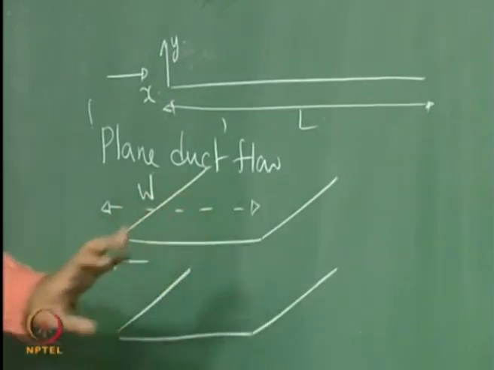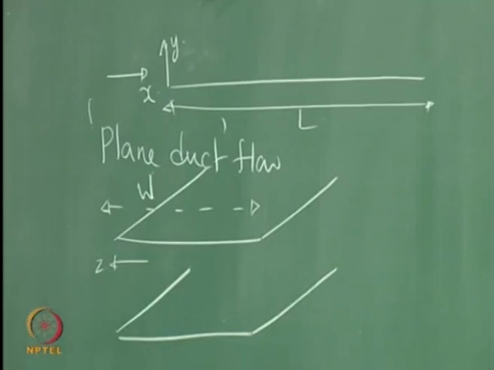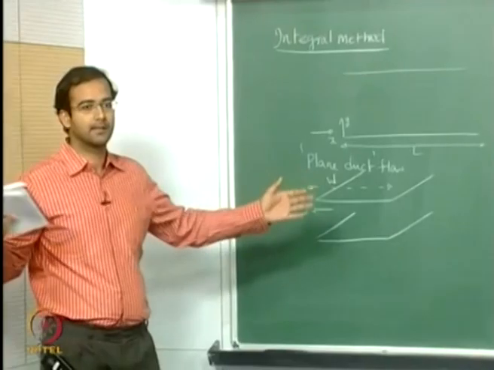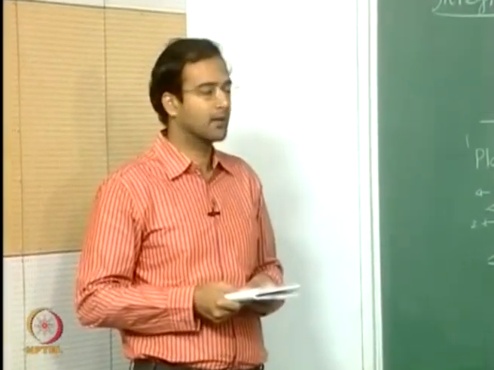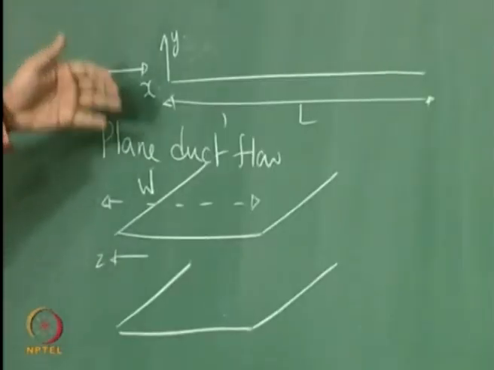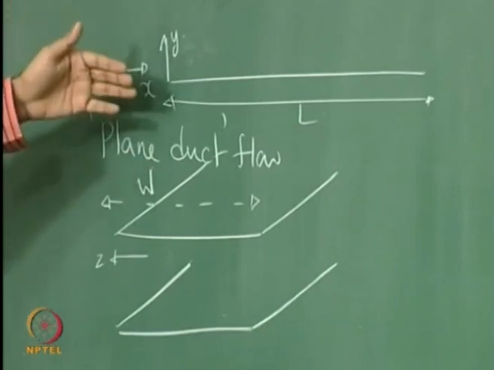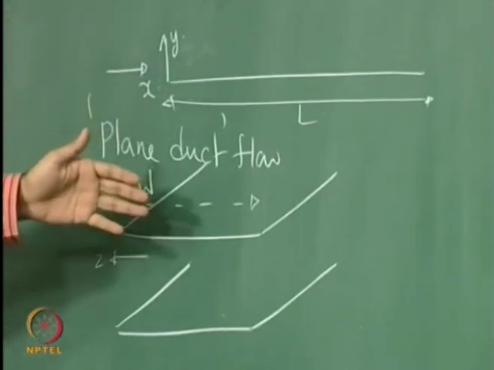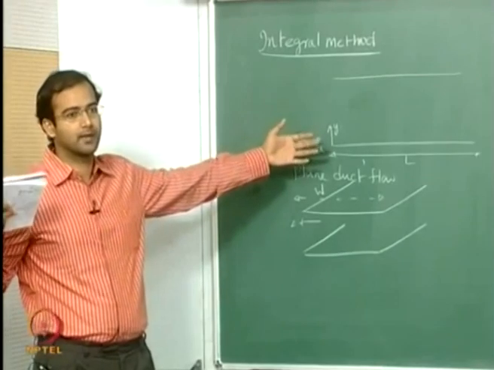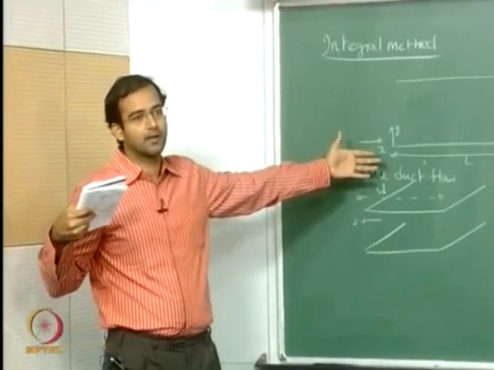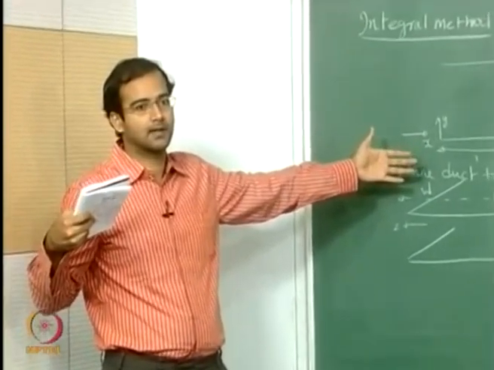A plane duct is nothing but you are not confining it in the z direction, it is just extended to a certain width. In fact, you can also consider that the parallel plate case which you are seeing in 2 dimensions is a special case of the plane duct flow, where the width can be assumed unity, or sometimes extending to infinity, where you don't have any confinement in the lateral directions.